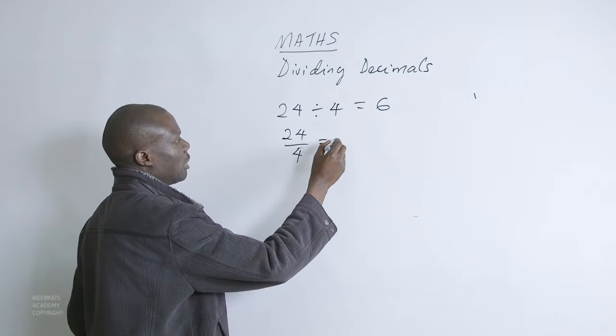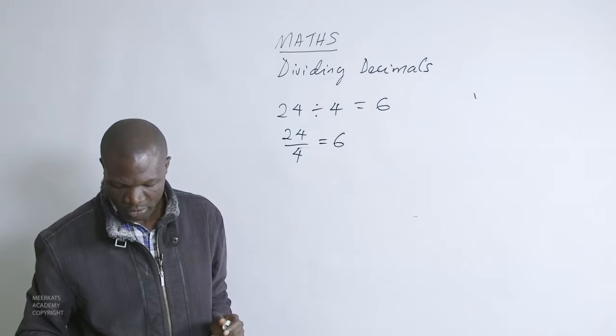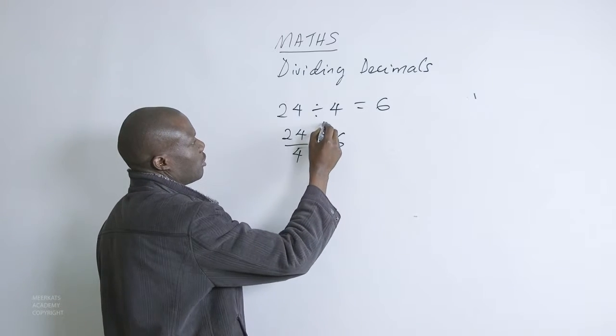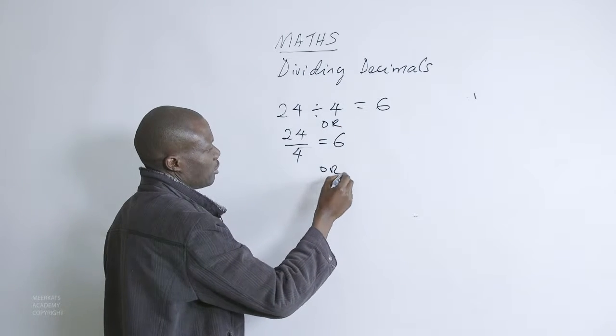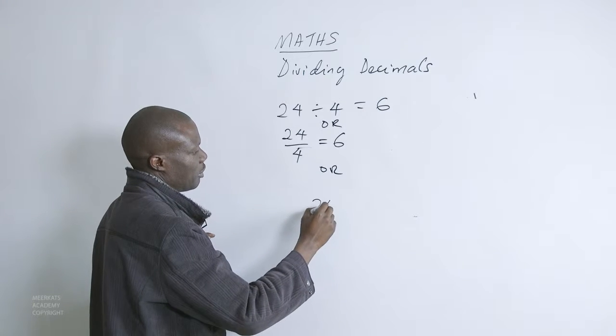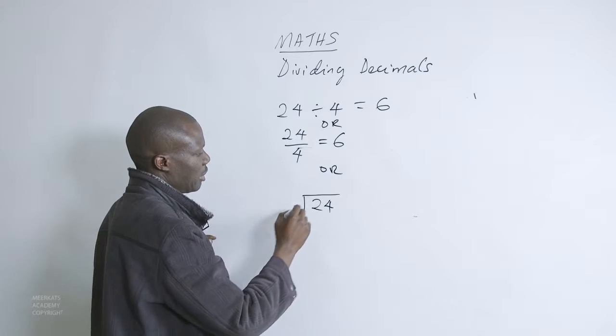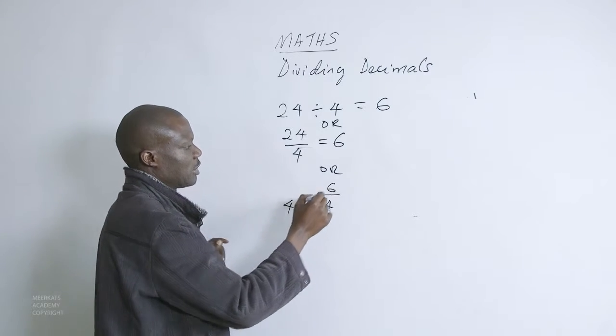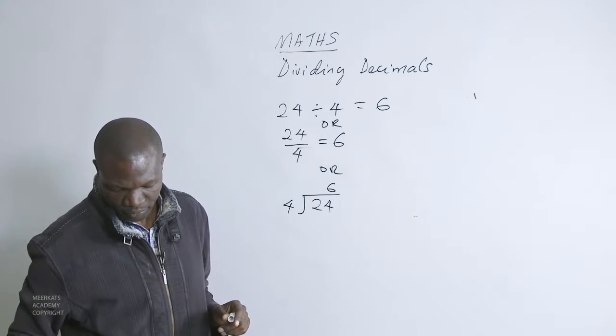You get the answer as 6. Similarly, you can also say 24 divided by 4, and you'll find the answer as 6.